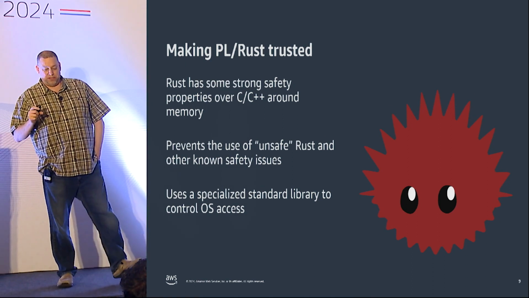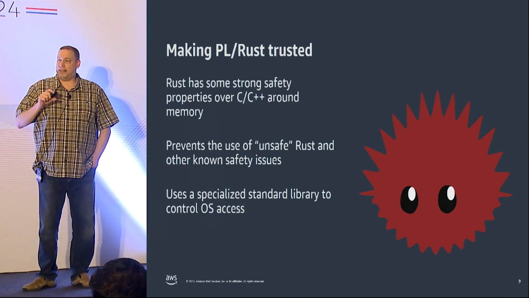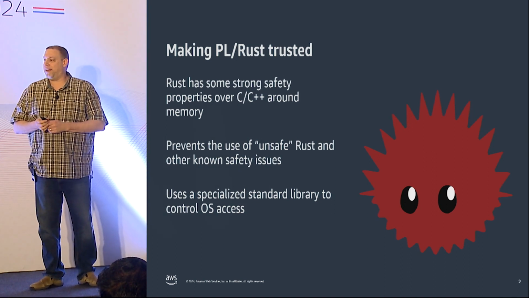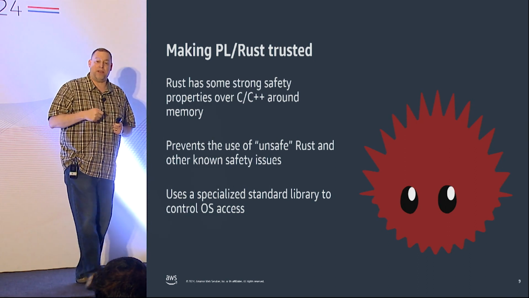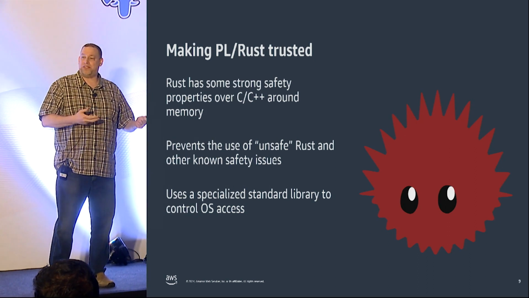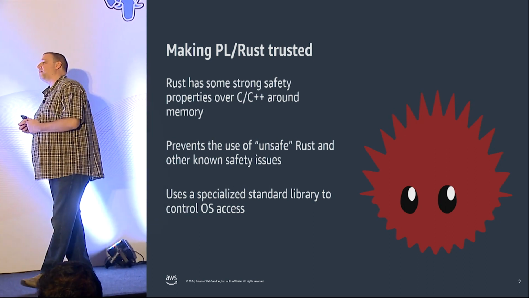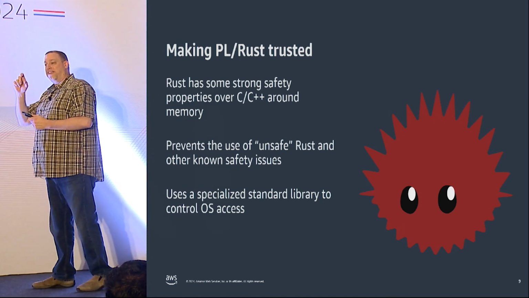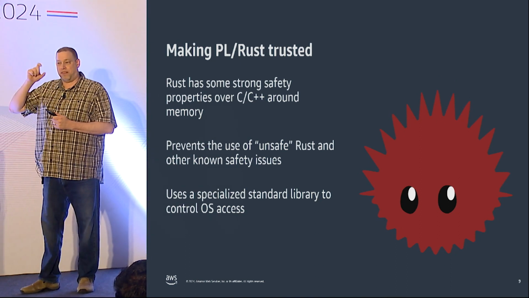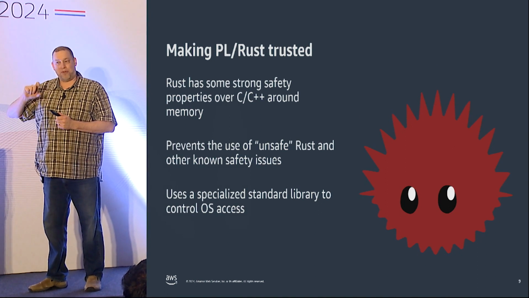Another thing we do is, through a number of different things, it removes the ability to do a lot of unsafe things inside of PL Rust. If you were going to write the code yourself and not run it through PL Rust, there's a keyword called unsafe inside of Rust where the compiler is basically not going to do its normal checks.